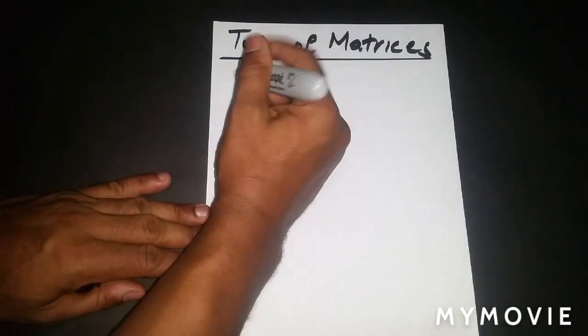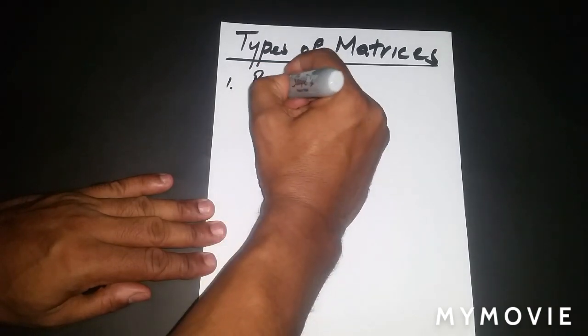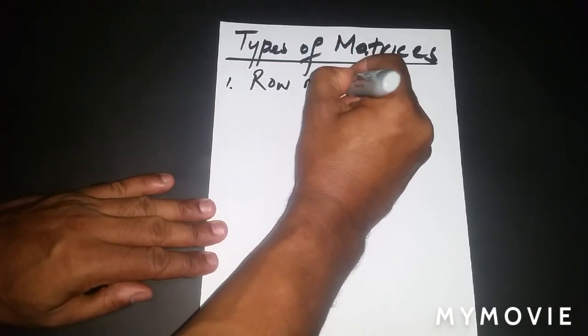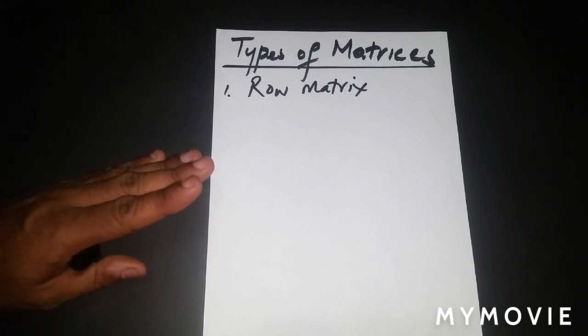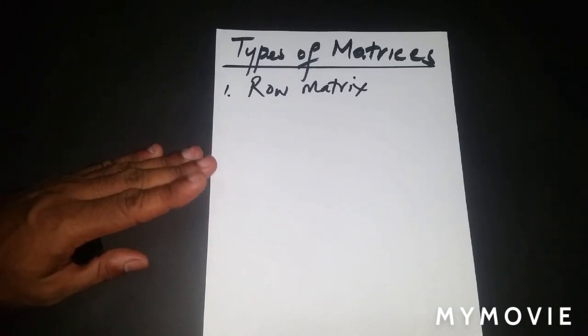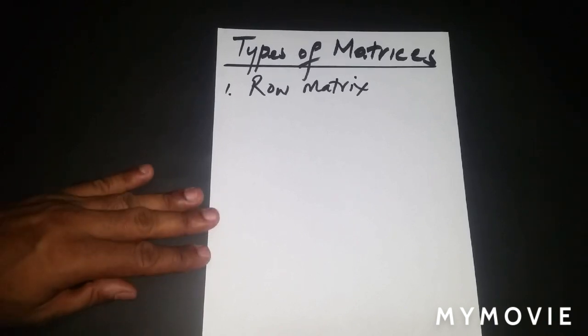Now the first type of matrix that we want to look at is a row matrix. In order for a matrix to be a row matrix, it just has to have one row. That's it. It doesn't matter how many columns it has, it just has to have one row.